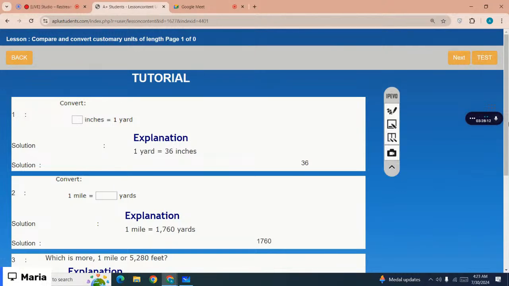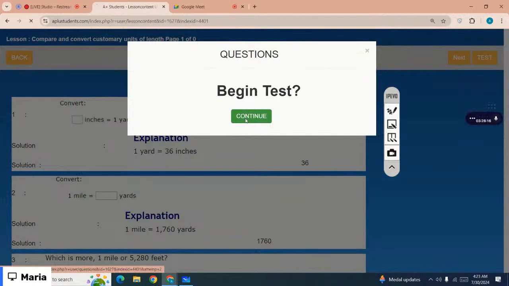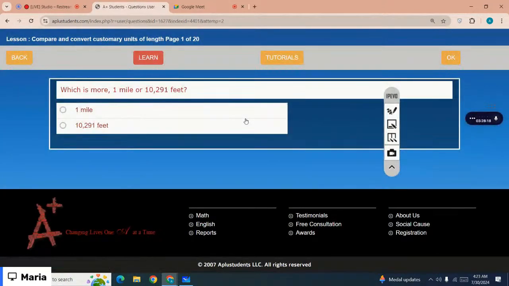Okay, let's just start with the test questions. Which is more, 1 mile or 10,291 feet?